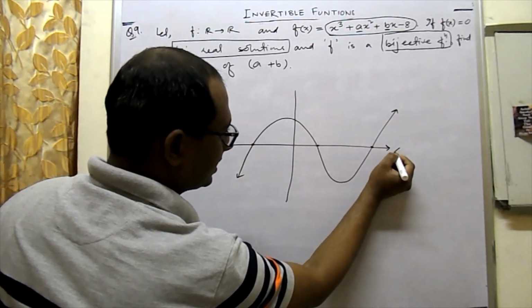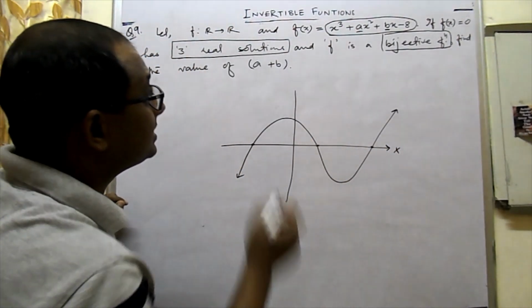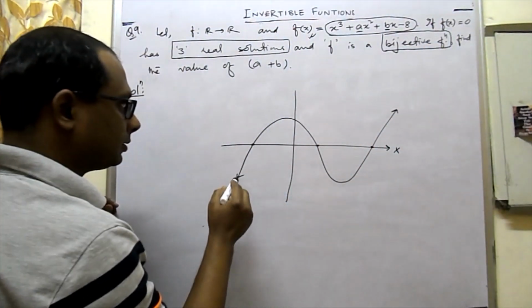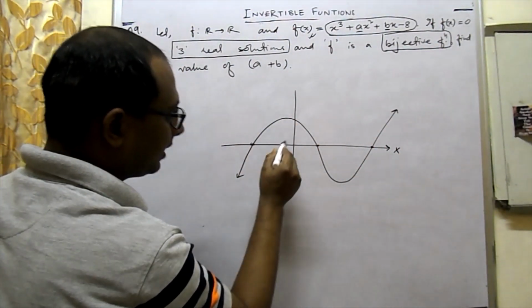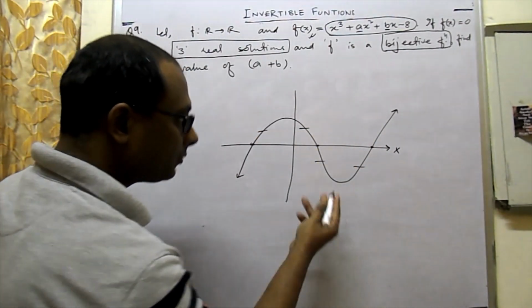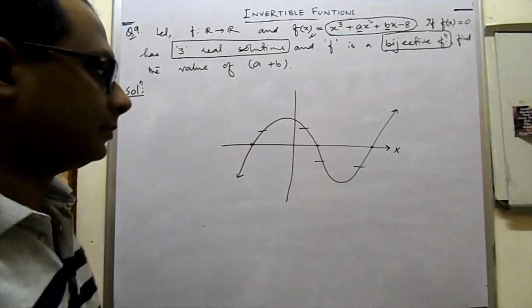It has to intersect the x-axis at 3 points. Now since this function is given to be bijective, in no way can it happen, because otherwise the function will no longer be 1-1. At many places we are going to get the same value repeated.